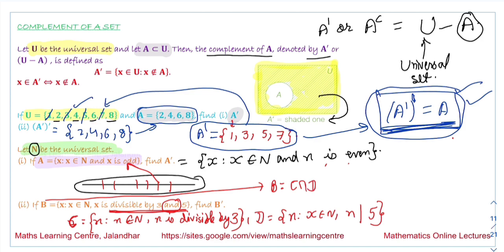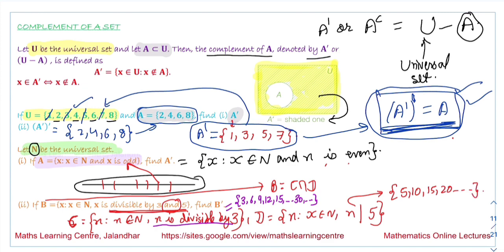It means we are talking about those numbers which are divisible by both 3 and 5. So what are the natural numbers divisible by 3? It is 3, 6, 9, 12, 15, likewise we will have 30 over here and so on. If we write the numbers which are divisible by 5, it is 5, 10, 15, 20 and so on.